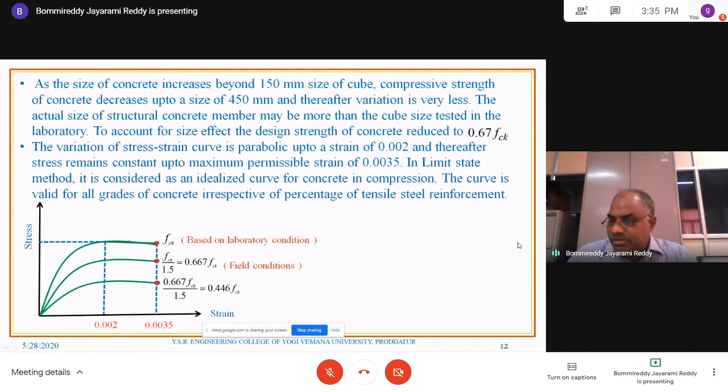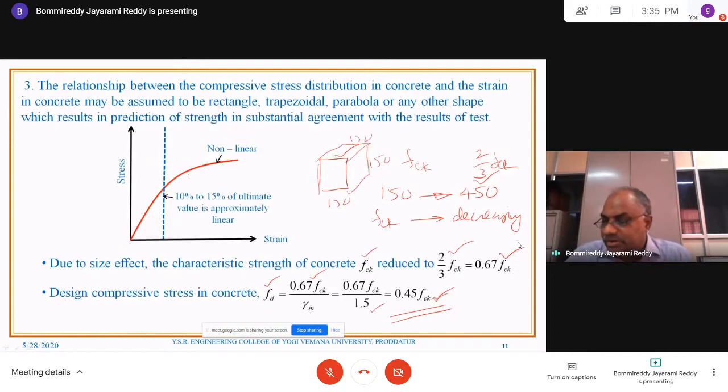You can look at this stress strain curve. In the original stress strain curve, we consider up to a certain level, and after that it will be taken as horizontal, and the corresponding stress will be equal to fck. So that is considered ideal.